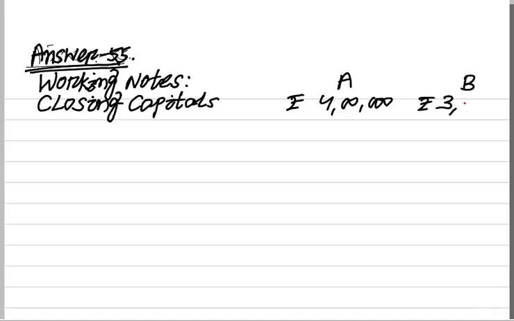Rupees 3 lakh for B. Then drawings have been deducted out of that. So out of the opening capital, drawings are deducted and profits are added and losses are deducted. Hence from the closing capital we have to calculate in a reverse manner.